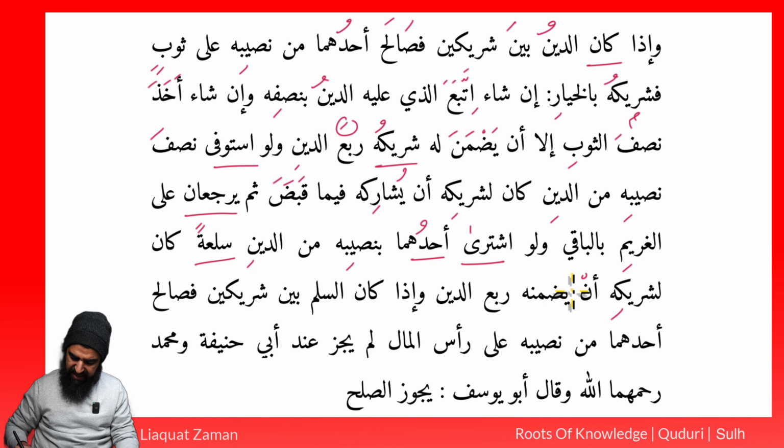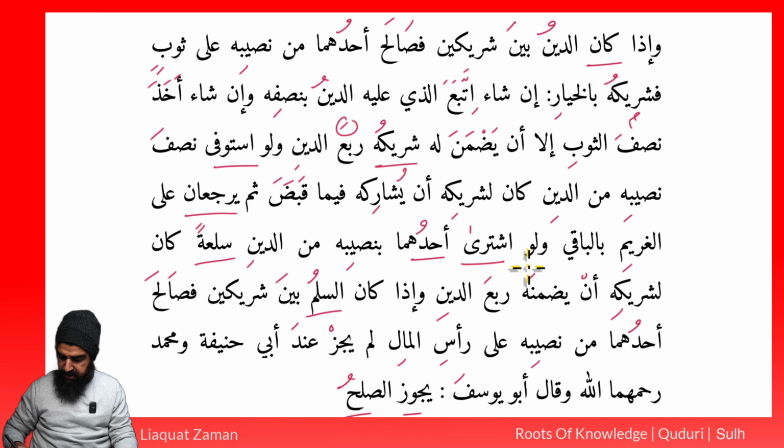So أن, all of that is the ism of كان. يضمنه ربع الدين إذا كان السلام بين شريكين صالح أحدهما من نصيبه على رأس المال لم يجز عند أبي حنيفة ومحمد. وقال أبو يوسف يجوز الصلح في الفاعل.